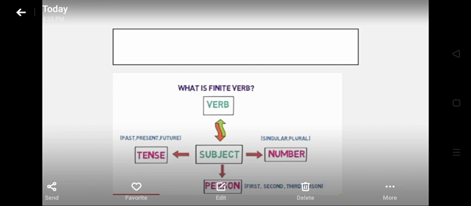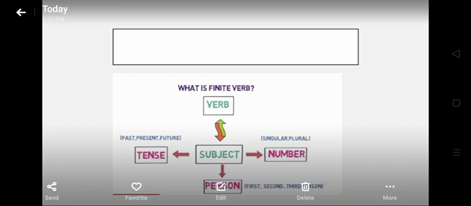Number tells us whether the subject is singular or plural. If the subject is singular, then we have to use a singular verb. If it's plural, then we have to use a plural verb. And the last parameter is person. Person means whether the subject is in the first person, second person, or third person.